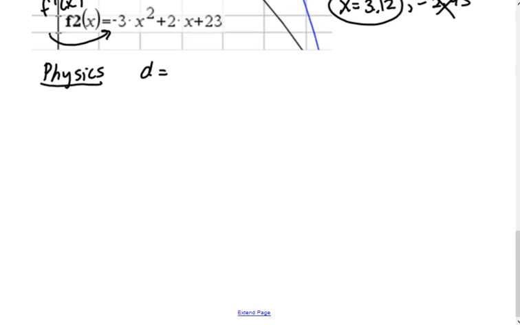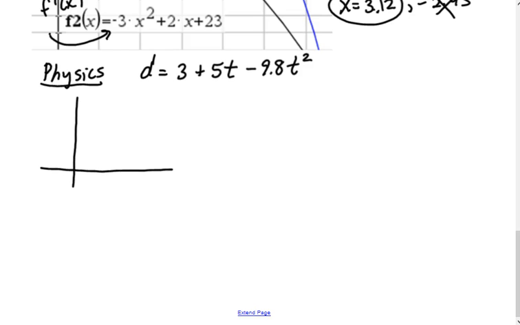Distance, or displacement as it's usually called, is equal to x, or maybe you have a constant like 3 plus 5t minus 9.8 t squared, something like that, where you have a parabola that represents projectile motion. So basically this is saying it starts at 3 and it goes up, it comes down.